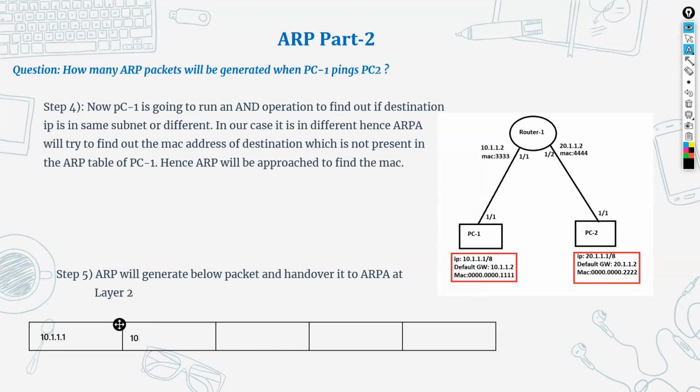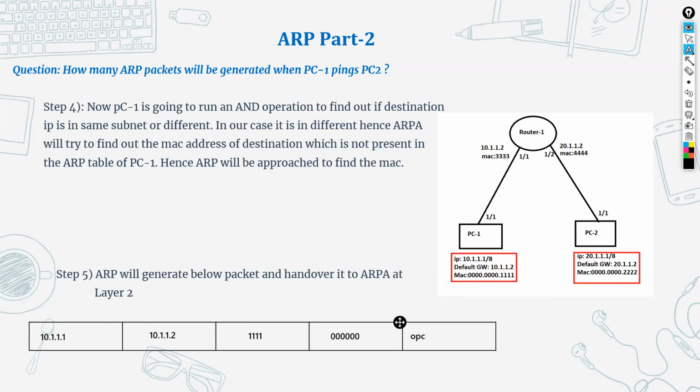Destination IP is the gateway IP, which is 10.1.1.2. Then the source MAC. Source MAC is what? 1111, which is the MAC address of PC1. Destination MAC will be all zeros, right? And there will be an opcode field, right?